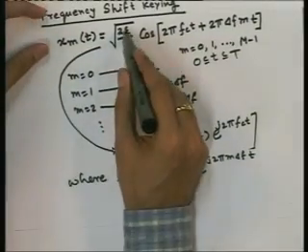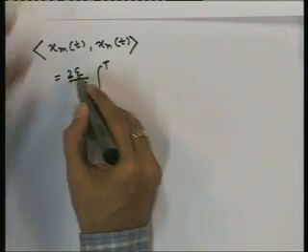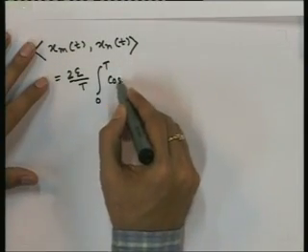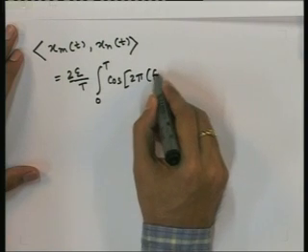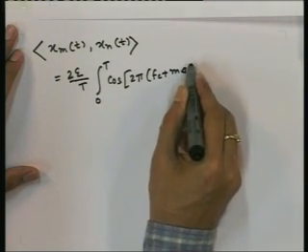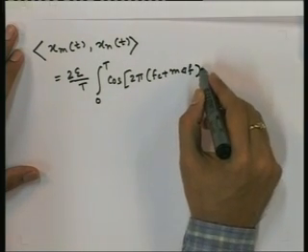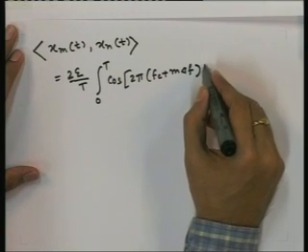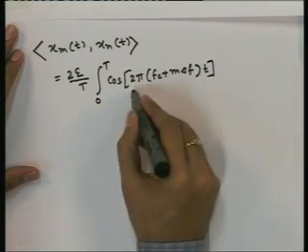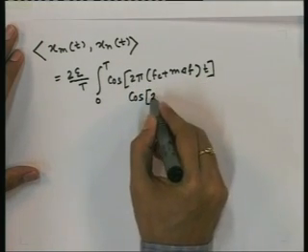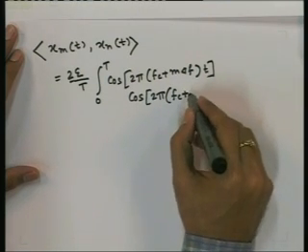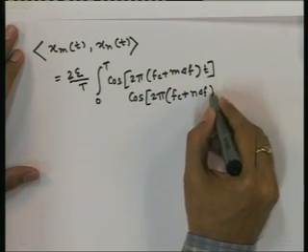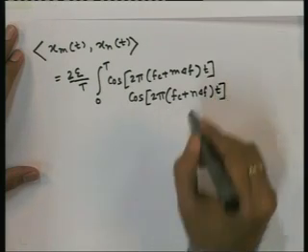So we have square of this, that is 2E by T, and then cos 2 pi fc plus m delta f t times cos 2 pi fc plus n delta f t.